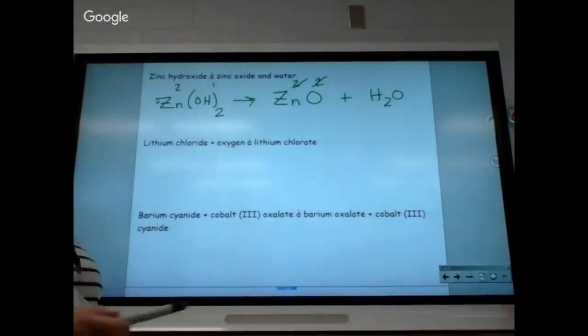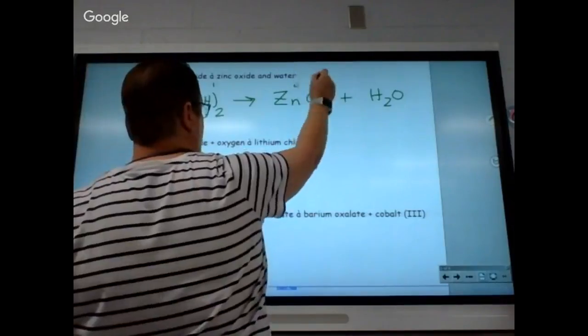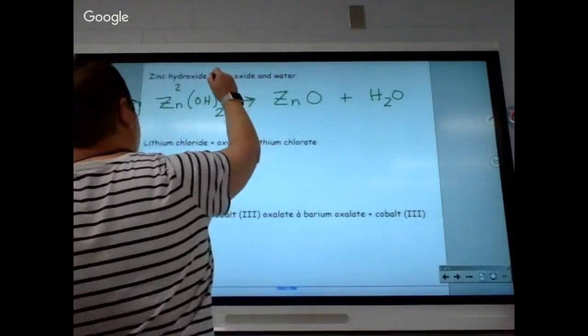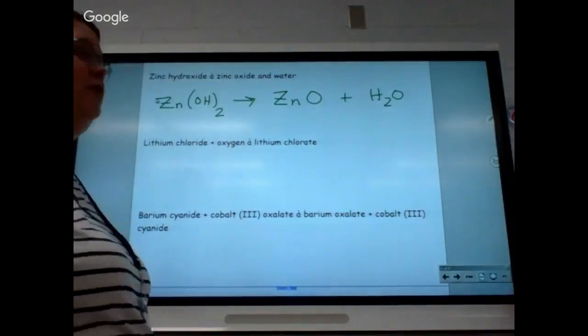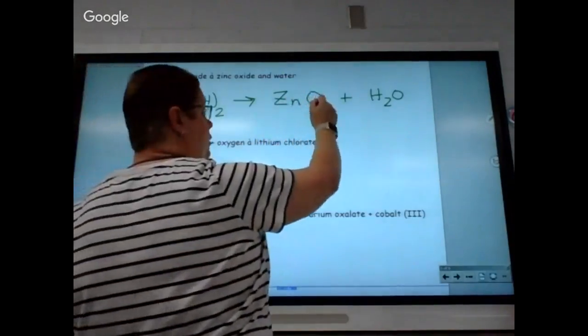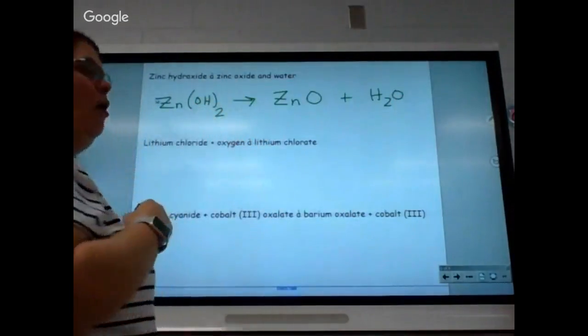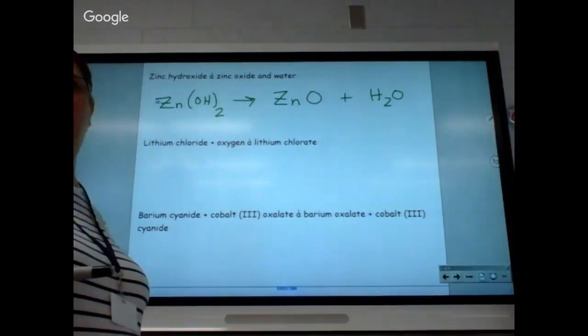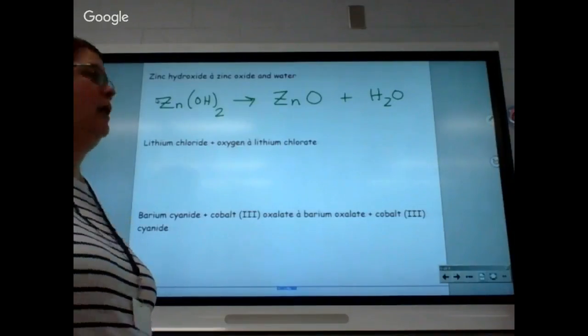Now, from there to balance, Diamond asked about writing water as HOH. In this particular case, writing H2O as HOH is not going to benefit you because you've got an O here and an O here and you got an O here. So in all 3 compounds, you have oxygens you're trying to balance. So that's why writing water as HOH is not going to help you.